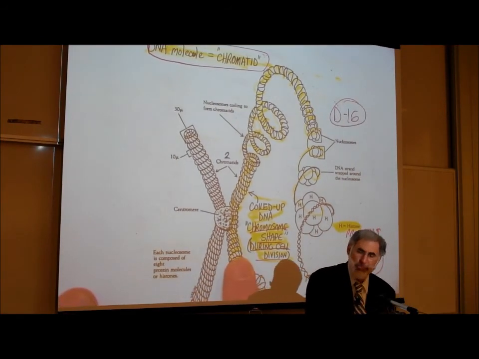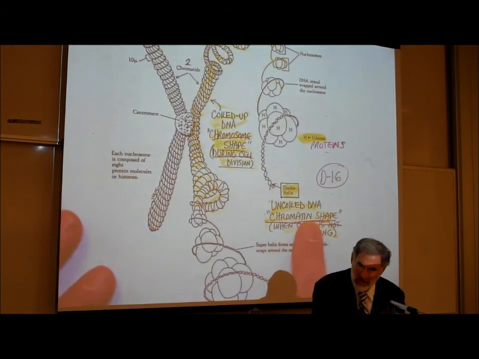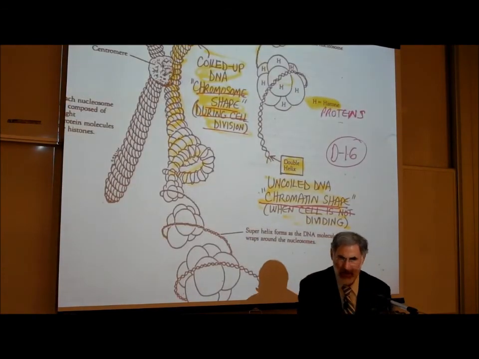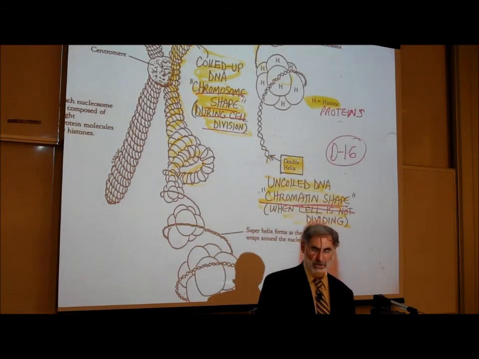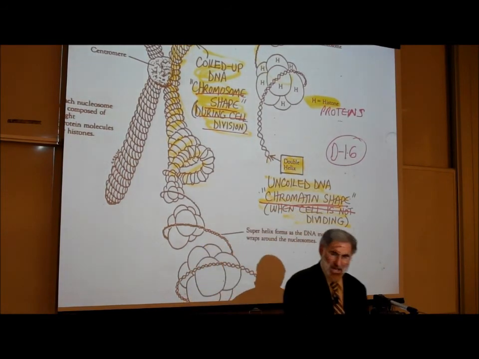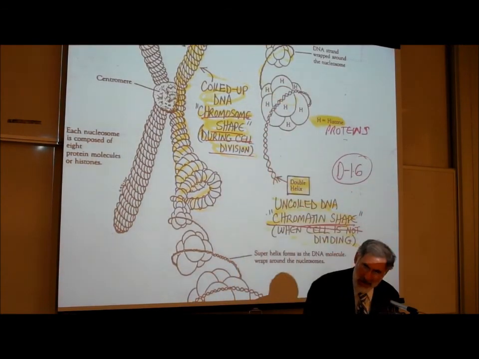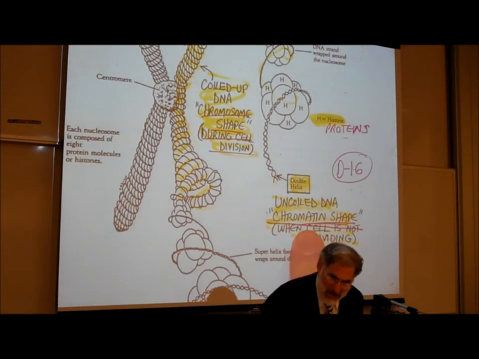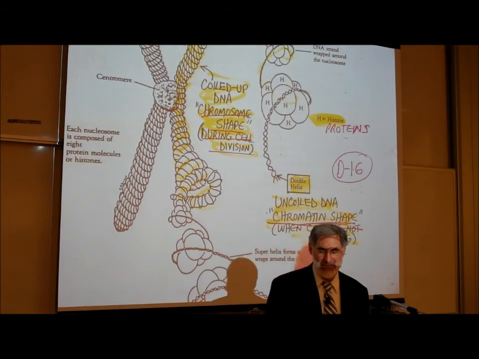Now, when the DNA is uncoiled, we say that the uncoiled DNA molecule, or chromatid, has the chromatin shape. The time in which the DNA has this uncoiled chromatin shape is the way it appears in the nucleus of a cell as long as the cell is not dividing.